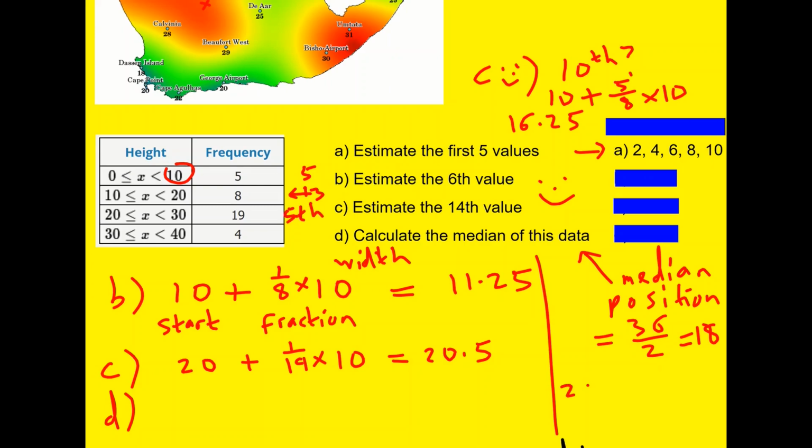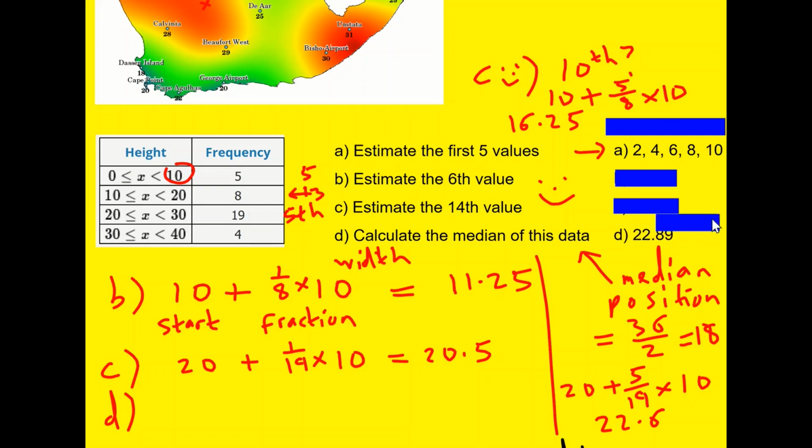So it's going to be 20 plus 5 over 19, because that's the fraction I'm going up, times that by 10. It gets pretty fun the more you do. And I get 22.6. Very powerful. We can now find an estimate for things like the median.